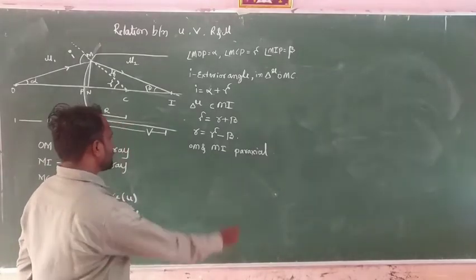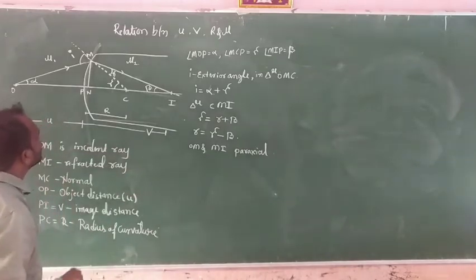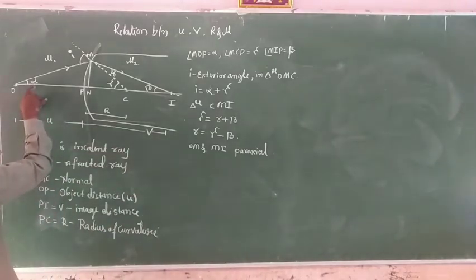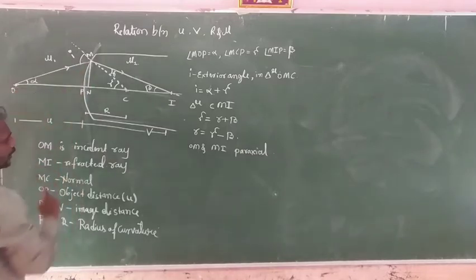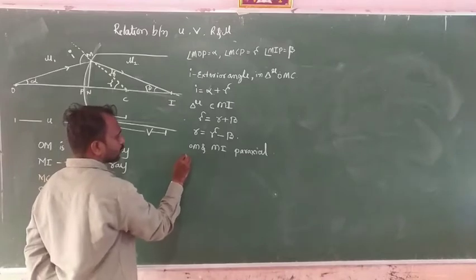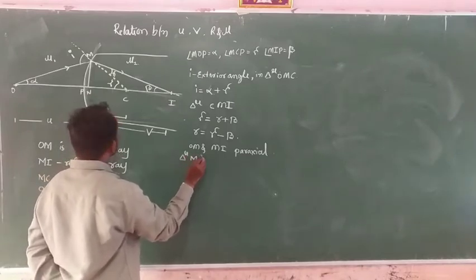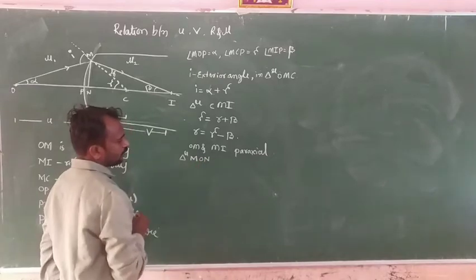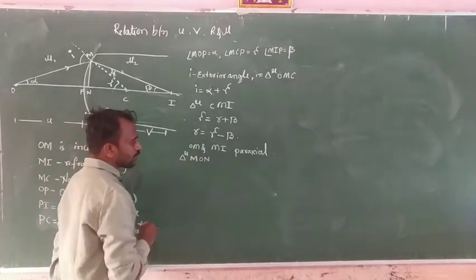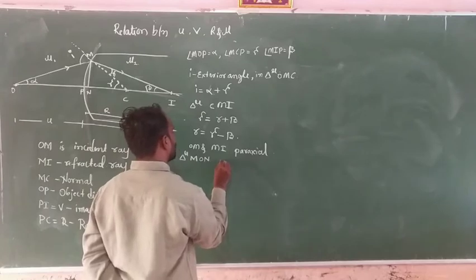Paraxial, so here we consider the first triangle to calculate the alpha value. Here we consider triangle MON. In this triangle we want to calculate the alpha value. It means tan alpha.